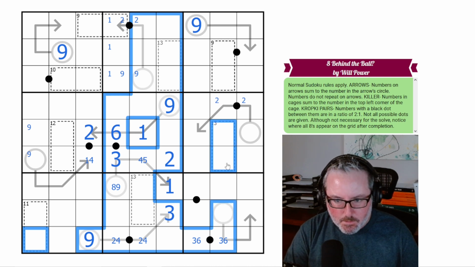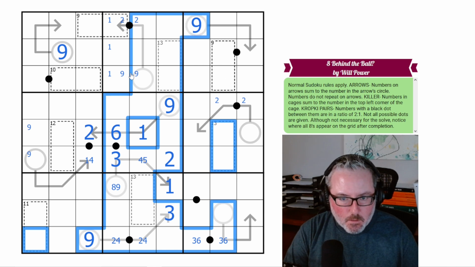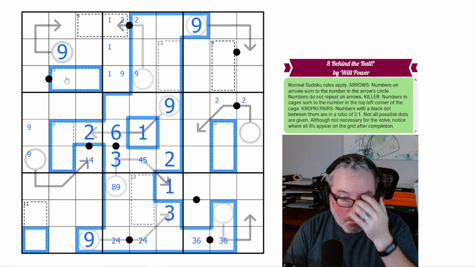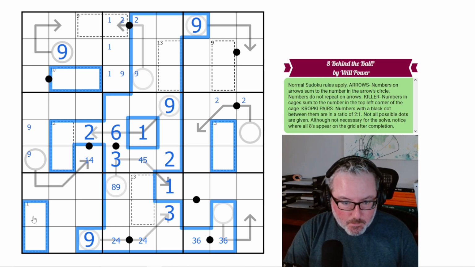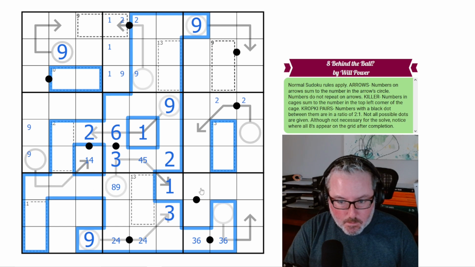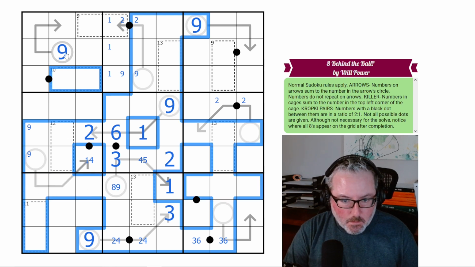Clearly you can't put 1s in any of these. This one could be a 1. Can't put a 1 on a 12. Can't put a 1 in this 10 because you already have a 9 here. Can't put a 1 there. Can't put a 1 in any of these just by basic Sudoku. I make sure I don't miss those. None of the circles can be 1s.